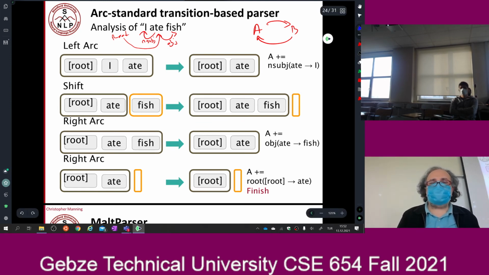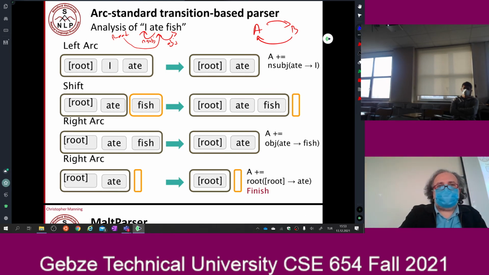All I can do is left arc or right arc. In this case, I am going to do a right arc between those two. "Ate" and "fish" have an object relationship. "Ate" stays in there, and between root and "ate", it is the verb, the root relationship.